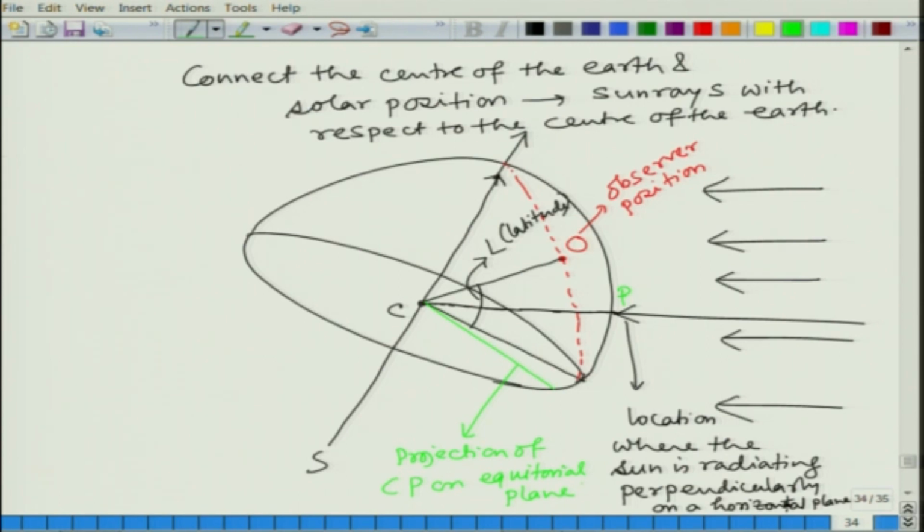Okay. So now what do we have? We have two angles. One is the angle between the projection of this line and the equatorial plane, and this angle is called delta, or the declination angle.